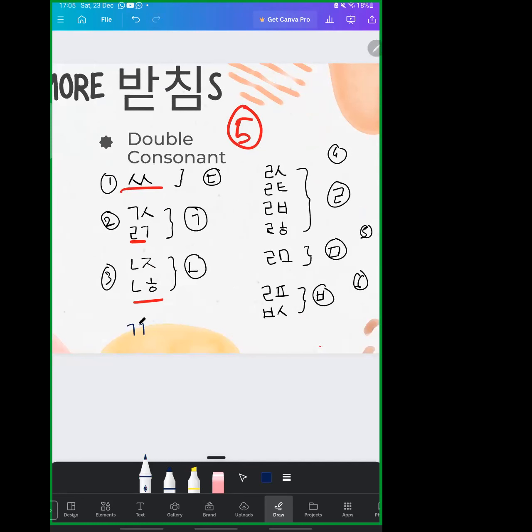You know this consonant, right? This double is called sangya, or the double g sound. This also can come as a final consonant, but the sound it makes is the same as the sound of the actual consonant itself. Again, it makes the same sound.